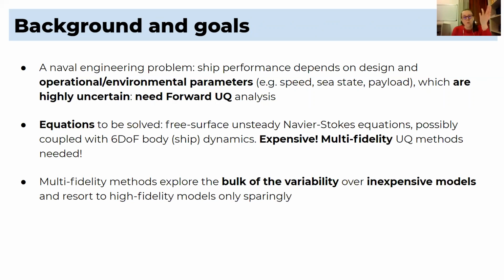Of course, you all know why we use multi-fidelity methods. They explore the bulk of variability over inexpensive models, and they resort to the expensive ones, the high-fidelity models, only sparingly.